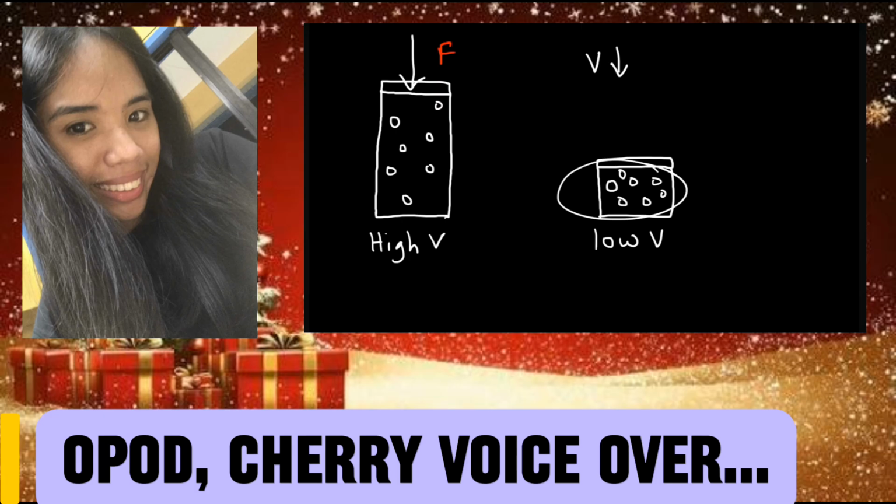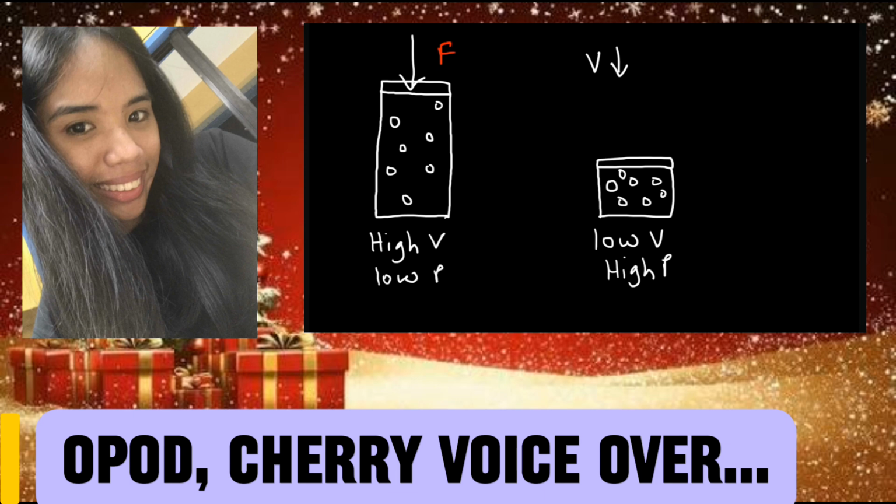Here, all the particles are bunched up together. There's not much space between the particles, so they collide with the container more frequently. It turns out that the gas pressure is proportional to the number of collisions. So the pressure is higher in this container, and lower in that container.